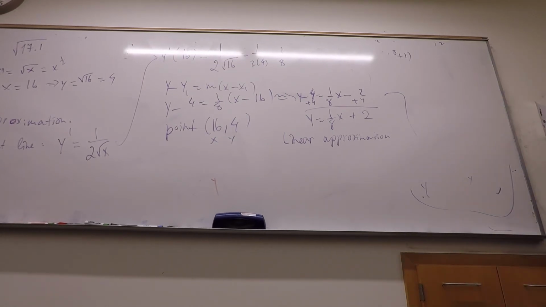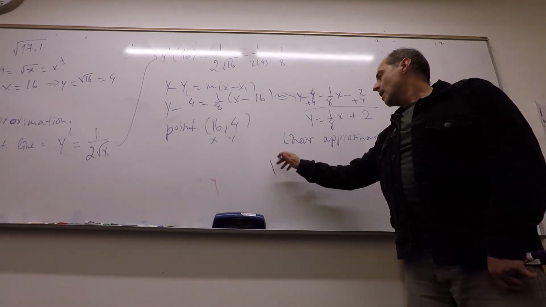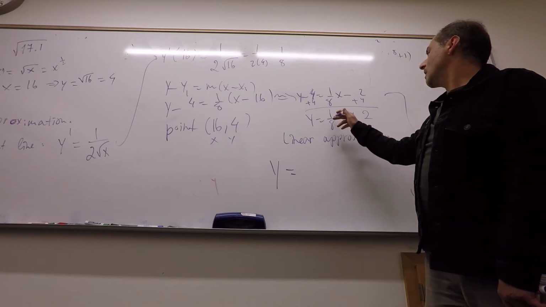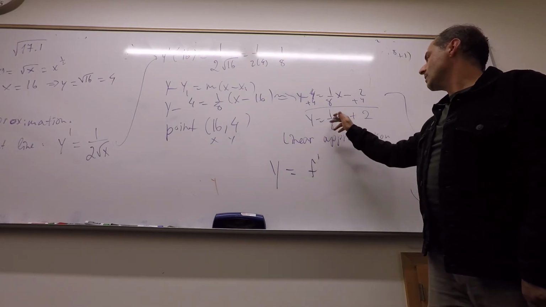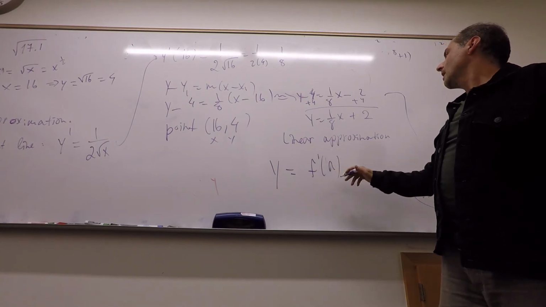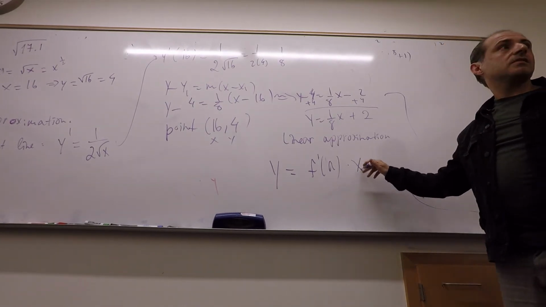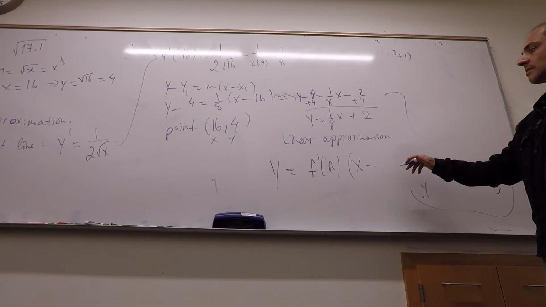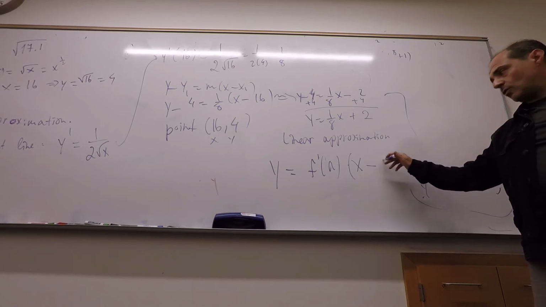What was the formula? The formula was this: y equals f prime at a, times x minus a, plus f of a.